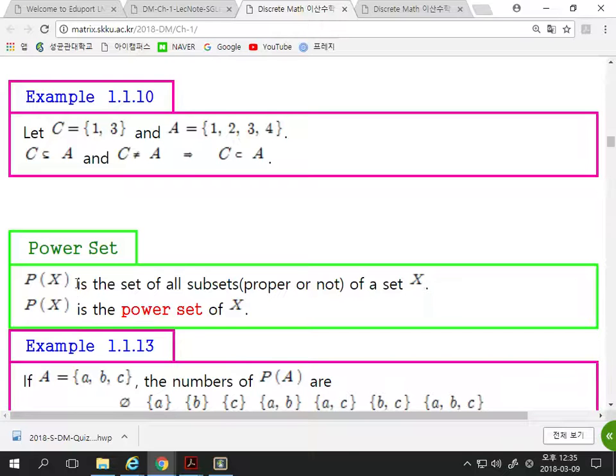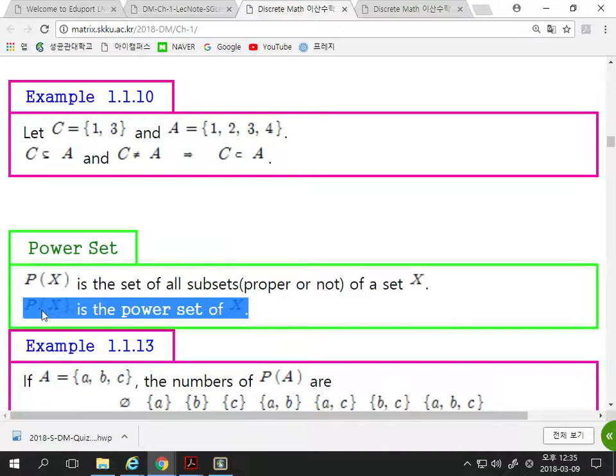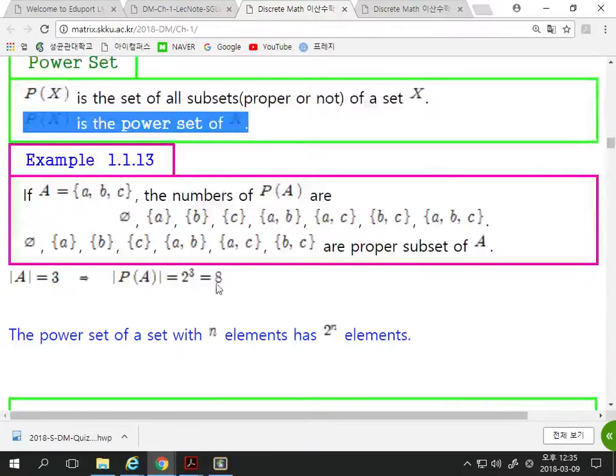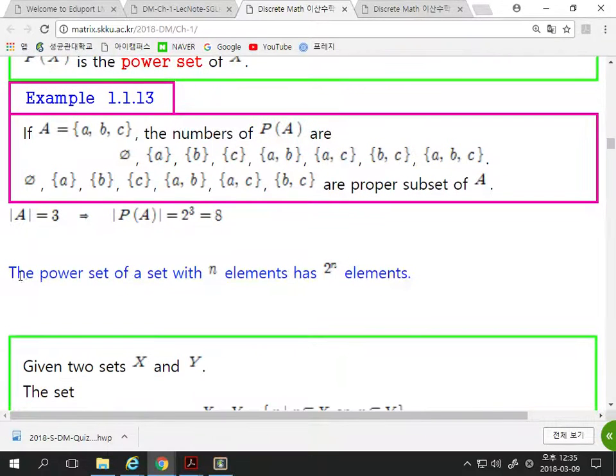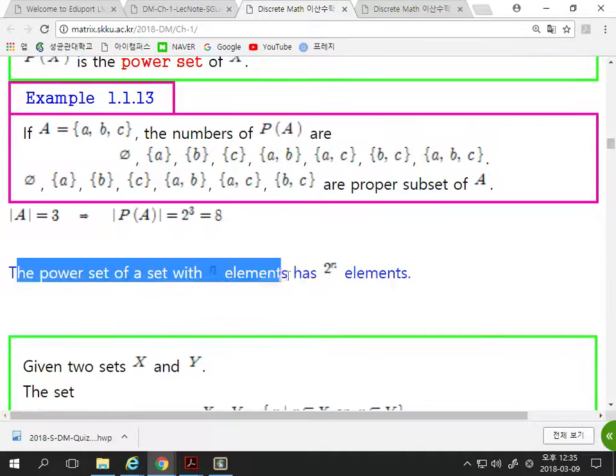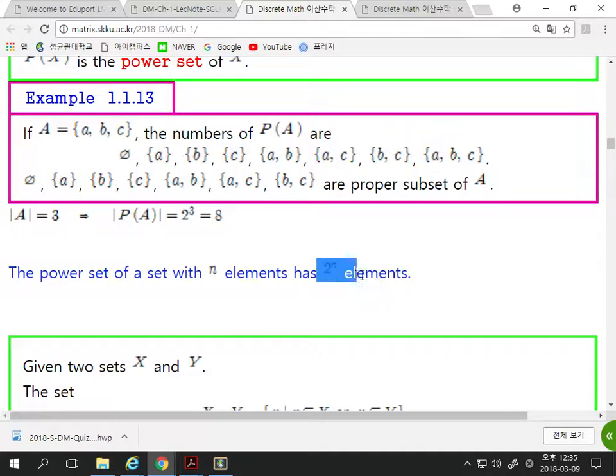This P(X) is called the power set of X. For example, if we have a set of 3 elements A, B, C, then the power set should look like this, and the number of elements should be 8. Usually, the power set of a set with n elements has 2 to the n elements, as you know.